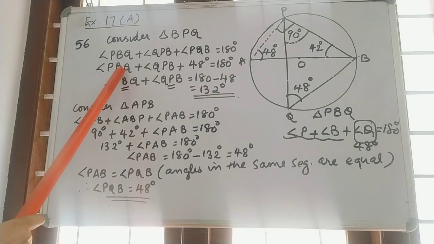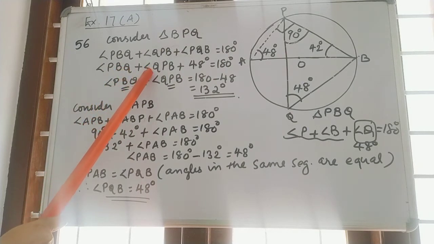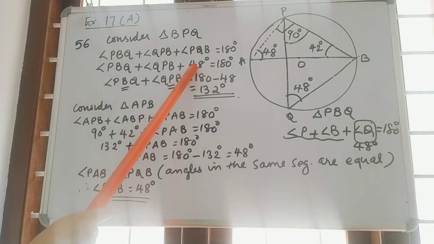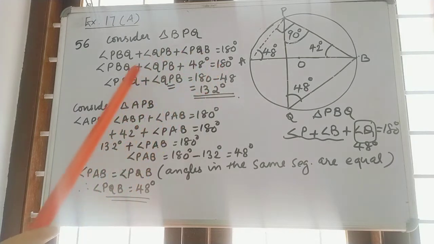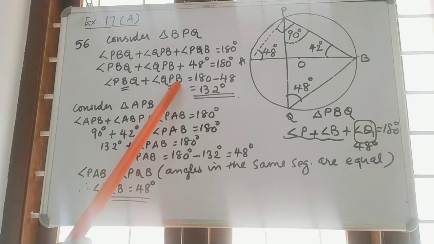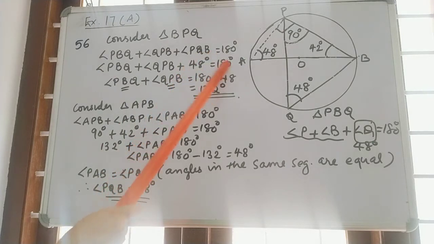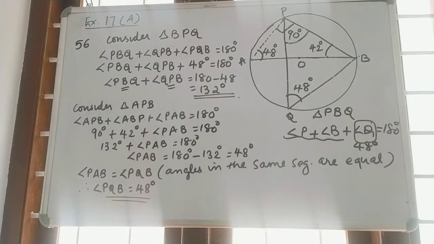So angle PBQ plus angle QPB plus 48 is equal to 180. So we want to find angle PBQ plus angle QPB, which is equal to 180 minus 48, which is equal to 132 degrees. Next, question number 57.